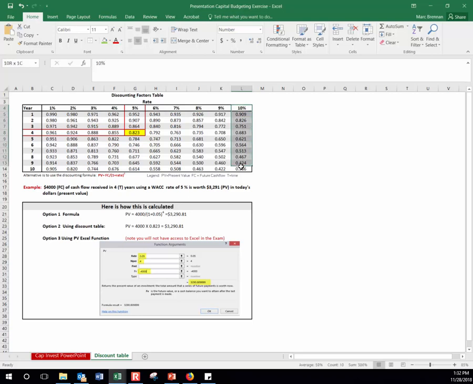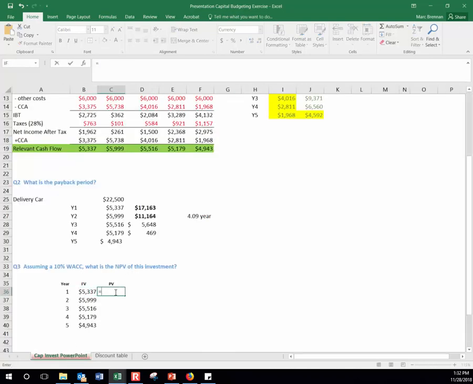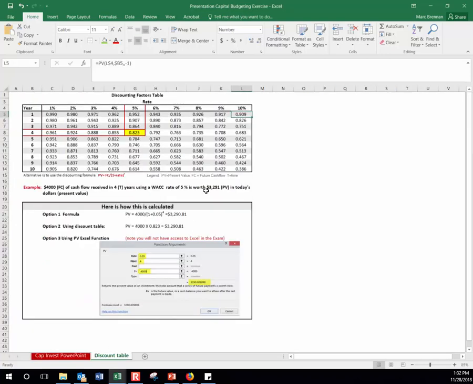First of all, this is the column that I want to look at. And then I want to know for year one. So for year one, 0.909. So I can go 5,337 multiplied by 0.909. And that's going to tell me that in today's dollars, 5,337 is $4,851.